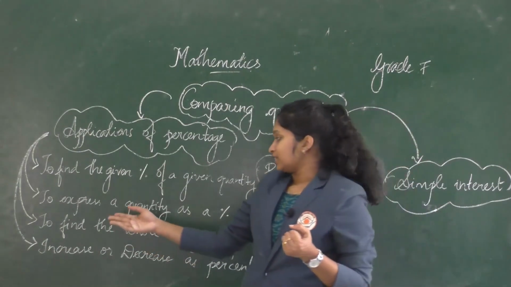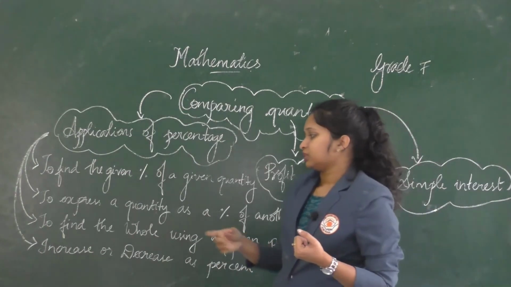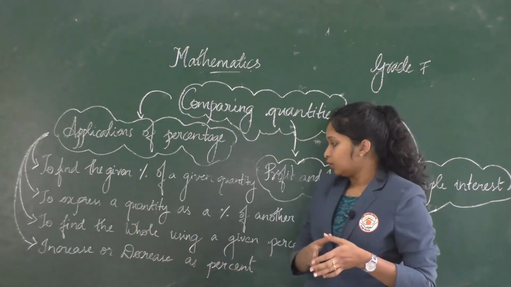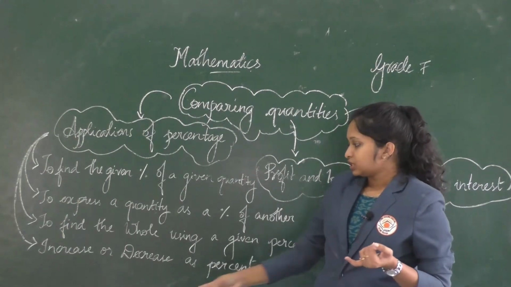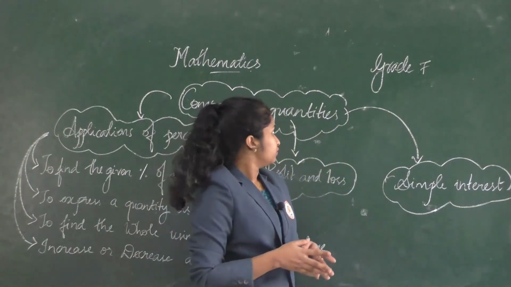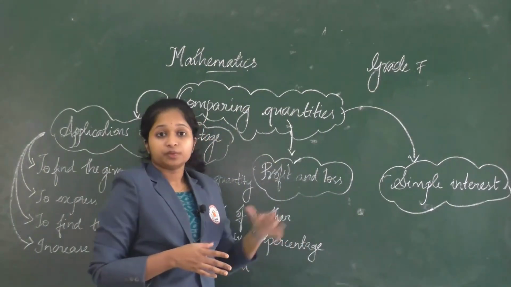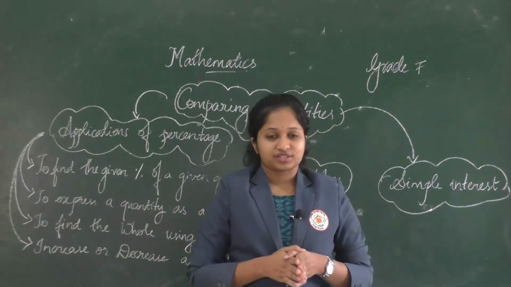We learned to express a quantity as a percentage of another. We learned to find the whole using a given percentage, and about increase or decrease as percent. And we learned about profit and loss as well, and simple interest.